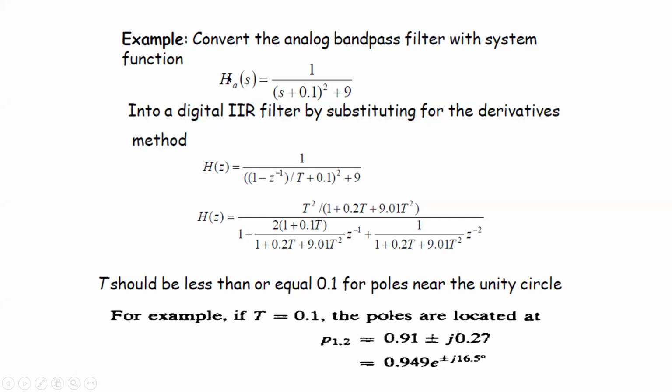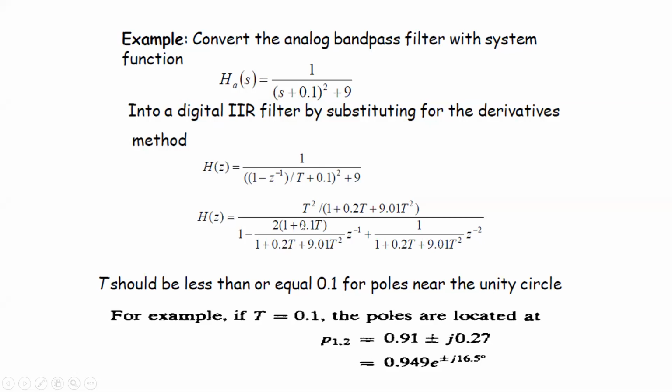So H(s) will be converted into H(z) once we replace s with this factor, (1 minus z to the power minus 1) divided by T. And we solve it further. H(z) will correspond to some constant value, because in the case of analog Butterworth filters we will have only poles.